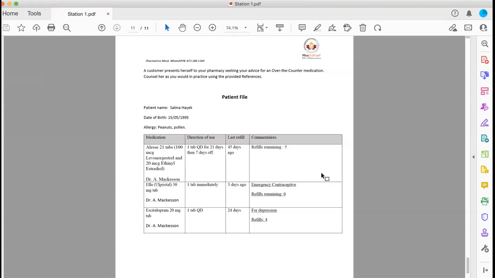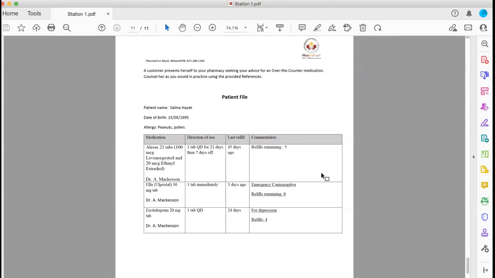Yes, it was for another intercourse 4 days ago, and my doctor prescribed me this one 3 days ago. Okay, I got it. And I can see you're taking escitalopram, still taking this one? Yeah, for my mood. Okay, Salma.